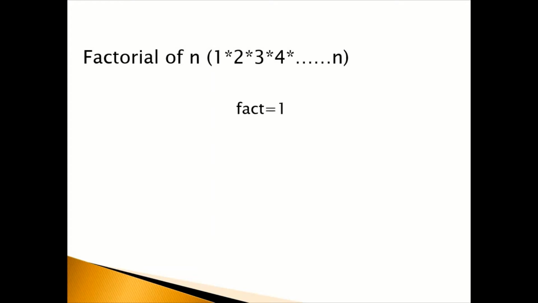So fact is initialized to 1. Next, for loop, for I is equal to 1, I less than or equal to n, I plus plus. Inside the loop, it calculates the factorial by the statement fact is equal to fact into I. This is the code required to calculate factorial.